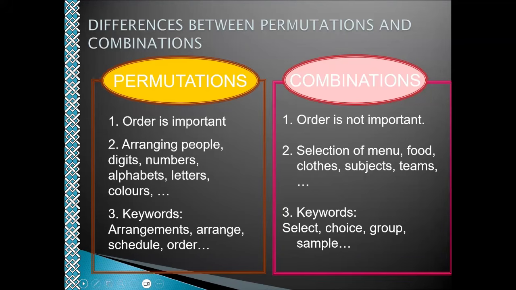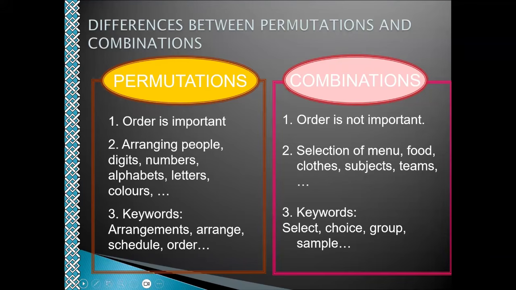In combination, order is not important. Questions related to people, digits, alphabet, numbers are permutation. Questions related to teams, clothes, subjects, food are combination. So get the keywords: arrangement, order, schedule. Keywords here: select, choice, group.